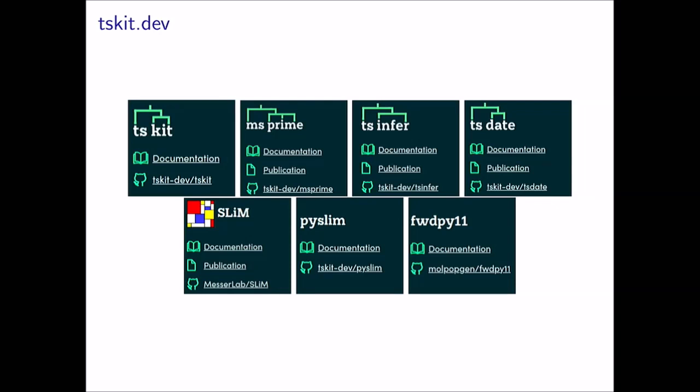So TS-infer output by default doesn't come with node times, but TS-date is a further wrapper that can fix that for you. SLiM samples from a bunch of finite population models and comes from a slightly different place, Ben Haller's lab. But there is nowadays an interface called pyslim, which interpolates between SLiM and the rest of the tree sequence-based methods. And finally, fwdpy11 is a similar sort of forward in time finite population model simulator, similar to SLiM, which also interacts with the tree sequence output.